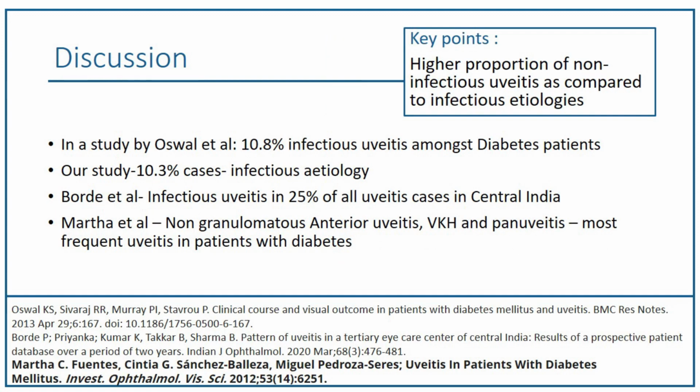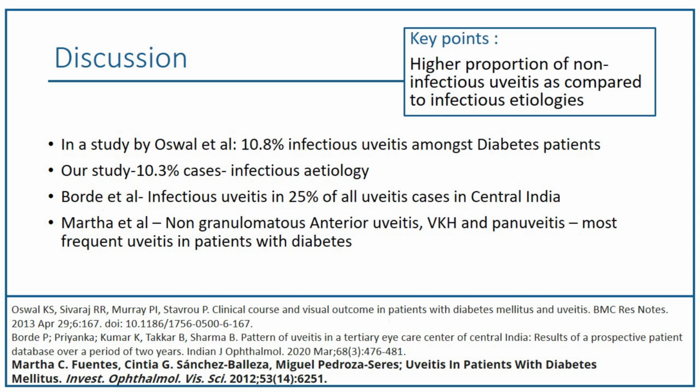Next, coming to the fact that we noted a high proportion of non-infectious uveitis as compared to infectious etiology. In a study by Oswald et al., he noted 10.8% infectious uveitis among a cohort of diabetic patients that they studied. This was among 34 patients. In our cohort, we noted 10.3% cases of infectious etiology, which was almost similar.